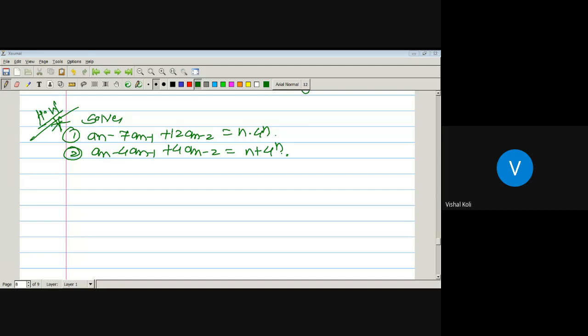And as the roots of our given relation are 2 and 2, it means 4 is not a root of our given characteristic equation. So we just have to sum the trial function, that is P of n plus b raised to n. Then first we have to find out the values of the constants, then it becomes the particular solution.